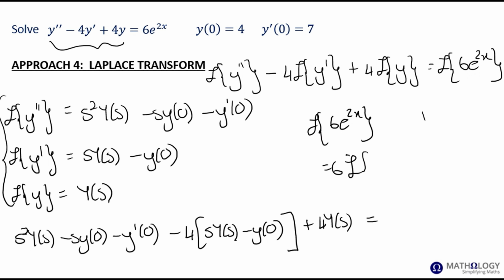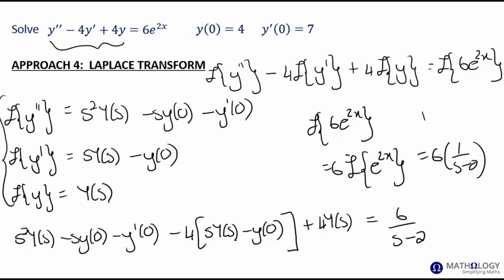I'll just write this with the 6 outside the brackets first, equals 6 times 1 over s minus 2. So it's going to be 6 over s minus 2.